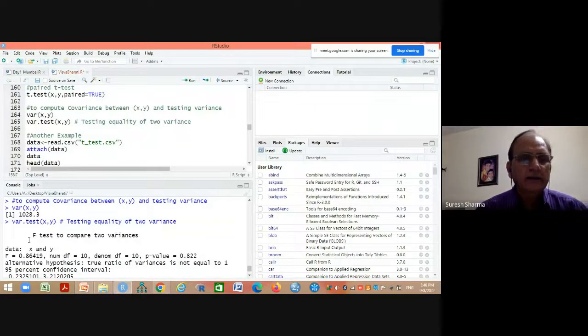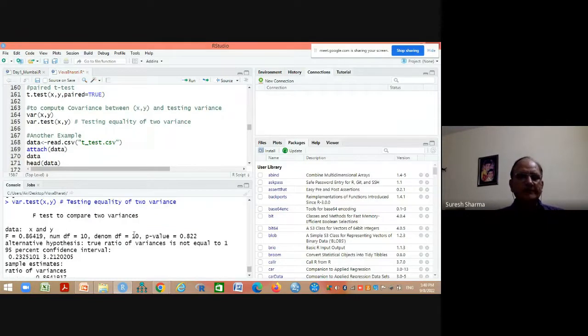What was the result? The F test to compare two variances says the result is non-significant. When the result is non-significant, H naught will be accepted. That means yes, the variances of X and Y are approximately the same. So that is the crux of testing this hypothesis, the var.test.